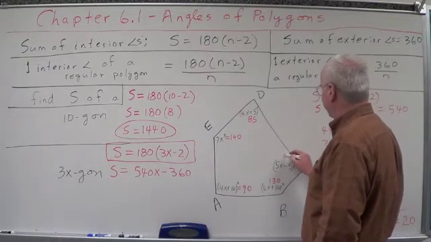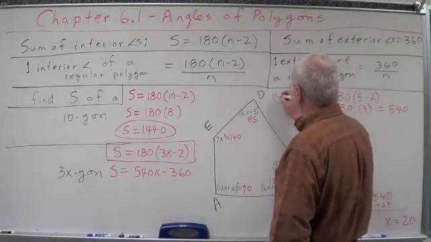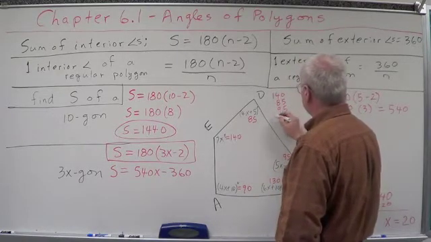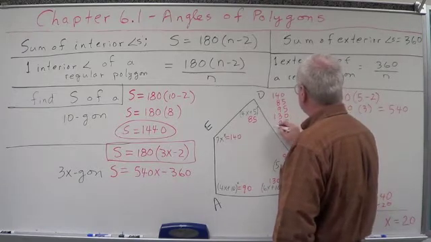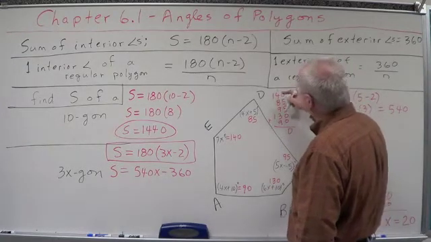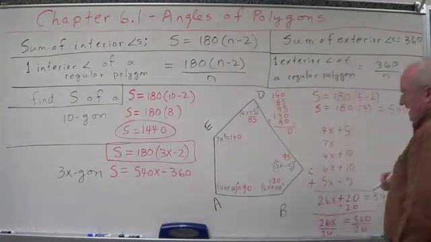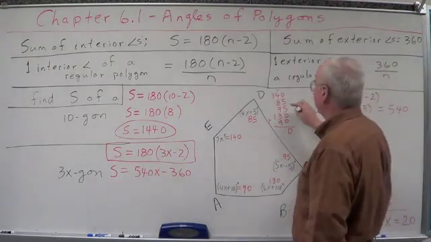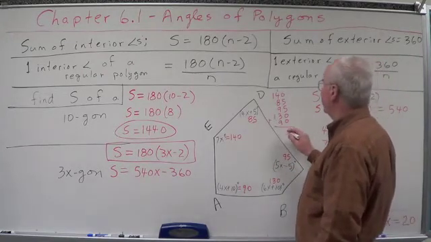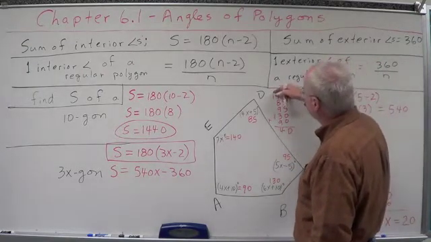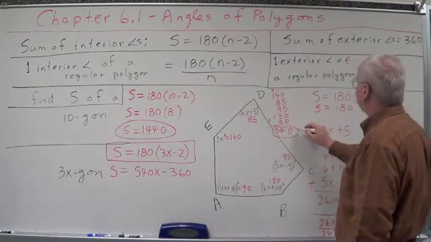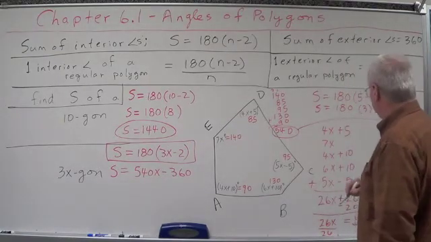Be 100, be 95. So let's add those up. 140 plus 85 plus 95, plus 130, plus 90. It comes back and ties with 540. So we have our answer.